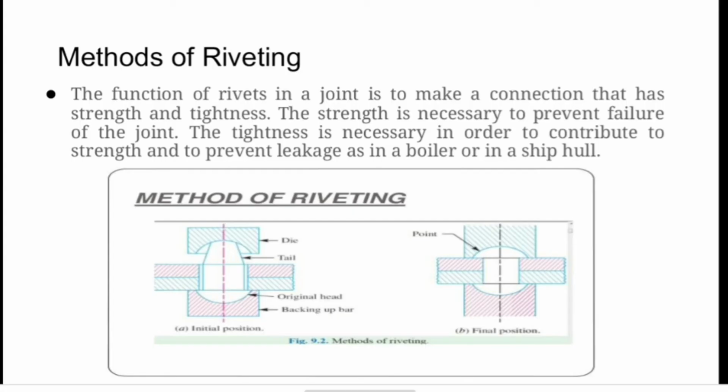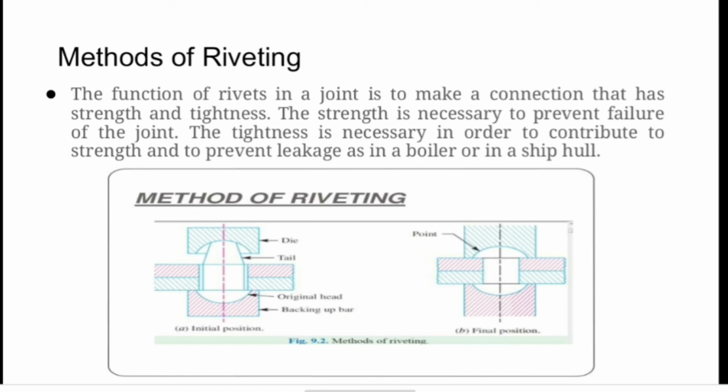So this is the method of riveting. Here we can clearly understand how the rivet is placed. As we already saw, the two dies are placed at the head position. Based upon the shape of the head, the die is also shaped.